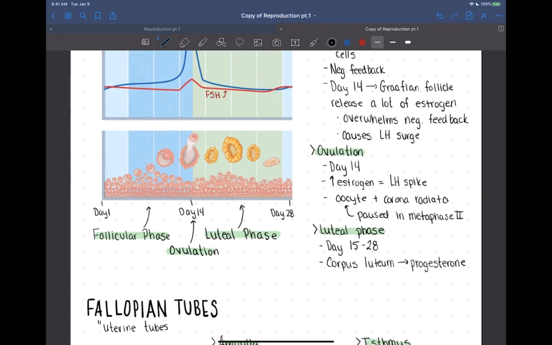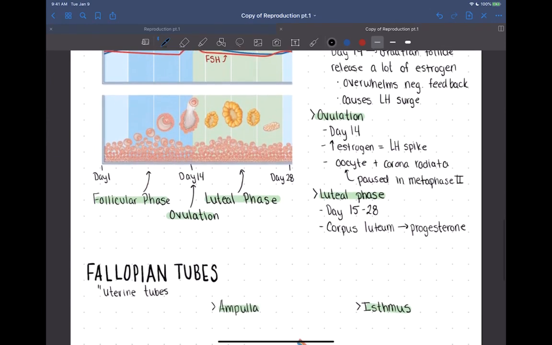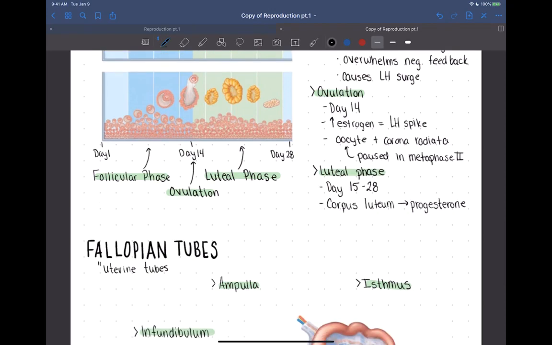It's been ovulated. All right, but now we're going to talk about the luteal phase. We're staying in the ovary because this is the ovarian cycle, and we're going to look at the luteal phase, which is after ovulation. So day 15 to 28, we have that corpus luteum that is left, and it's going to be producing the hormone progesterone. That hormone progesterone is going to maintain the uterine lining.